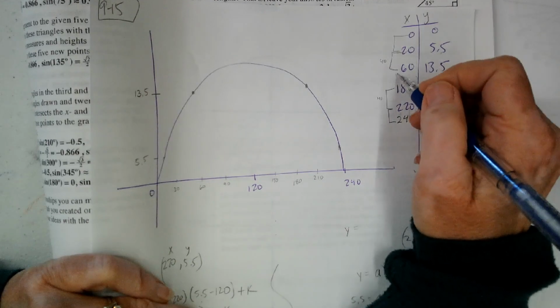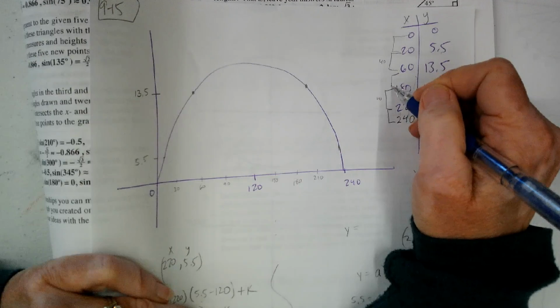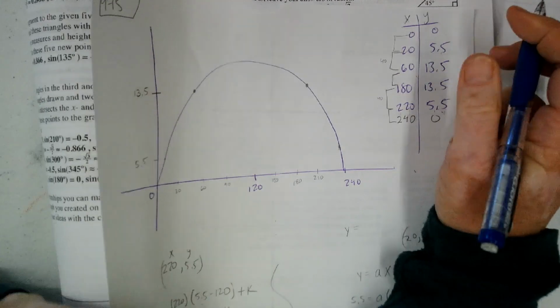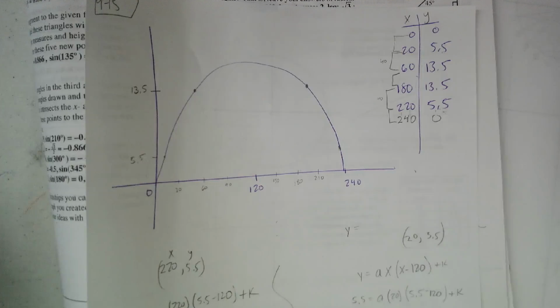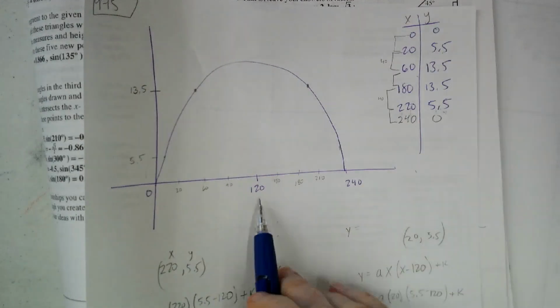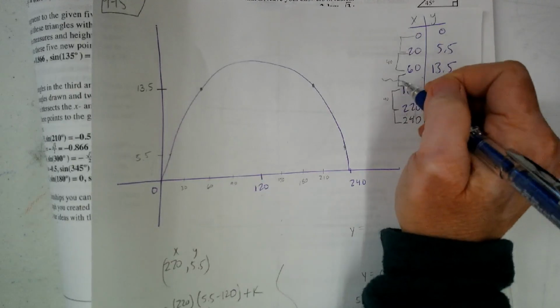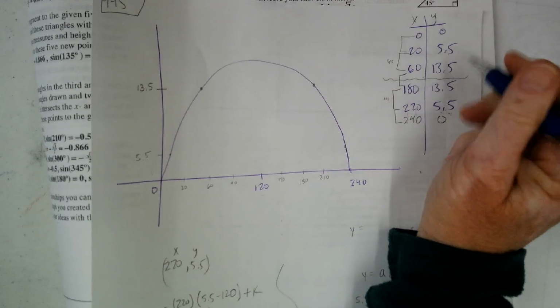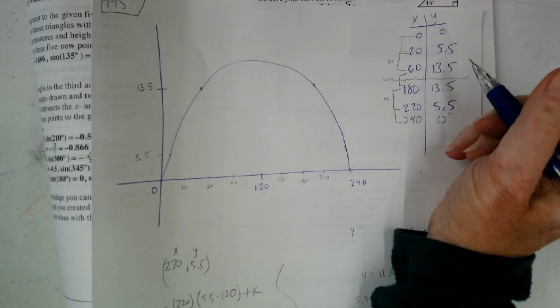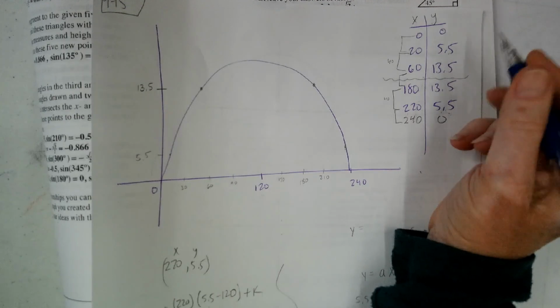And then in between these two guys is 120. So that's how I knew that was the middle, because right exactly in between these two guys is 120.